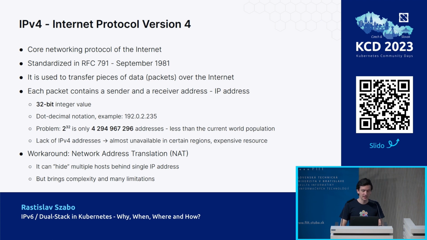The workaround that we have applied to get around this IP address exhaustion issue is called network address translation, using which we can hide multiple hosts behind a single IP address, but it brings some complexity and many limitations.